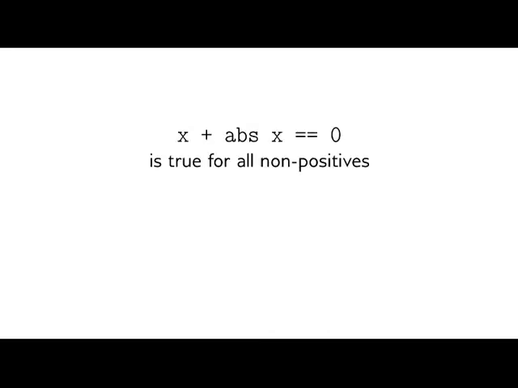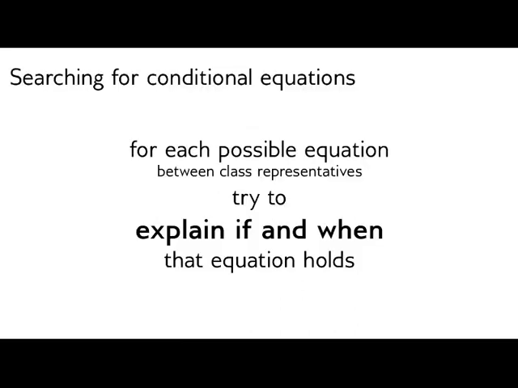And it's true for all non-positives. So if it's true for all non-positives, then we write x is less than or equal to 0 implies x plus abs of x equals 0. The implication is an inequality over Booleans, and that's a good point that will be there in a few slides.